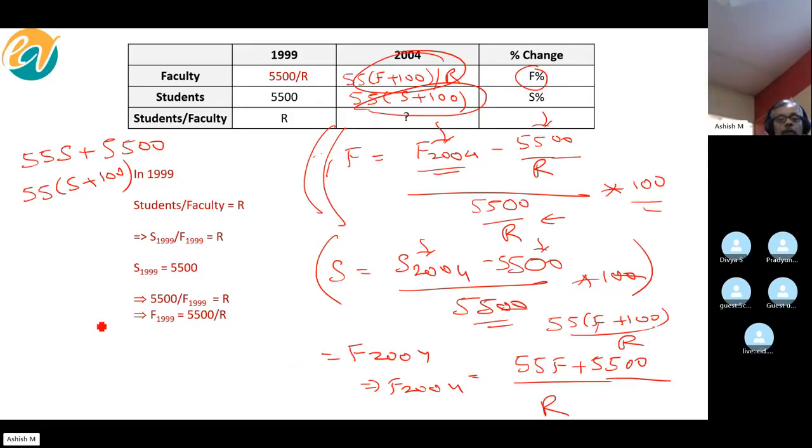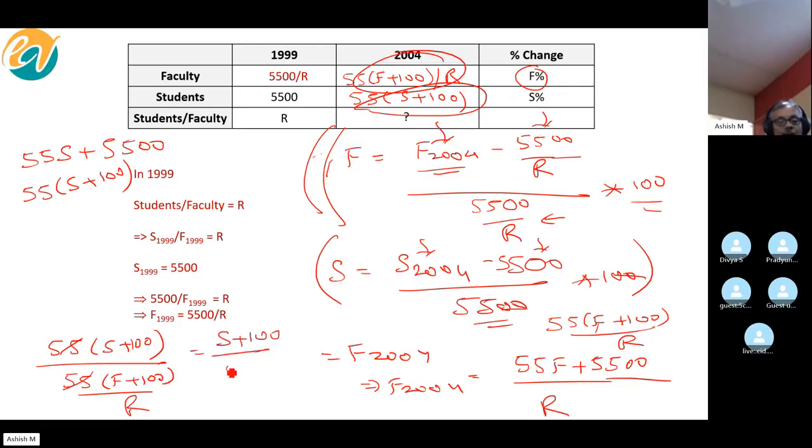So that would be total number of students in 2004, which is 55 times S plus 100, divided by total faculty in 2004, which would be 55 F plus 100 divided by R. So 55 gets cancelled. What are we left with? S plus 100 upon F plus 100 into R. That will be the final answer for this.